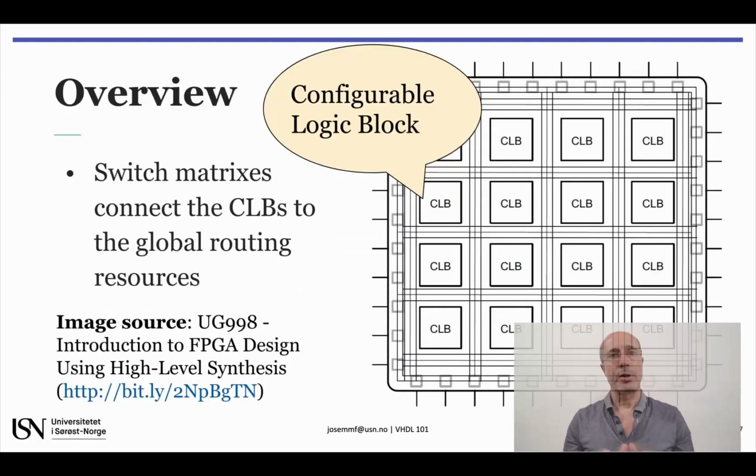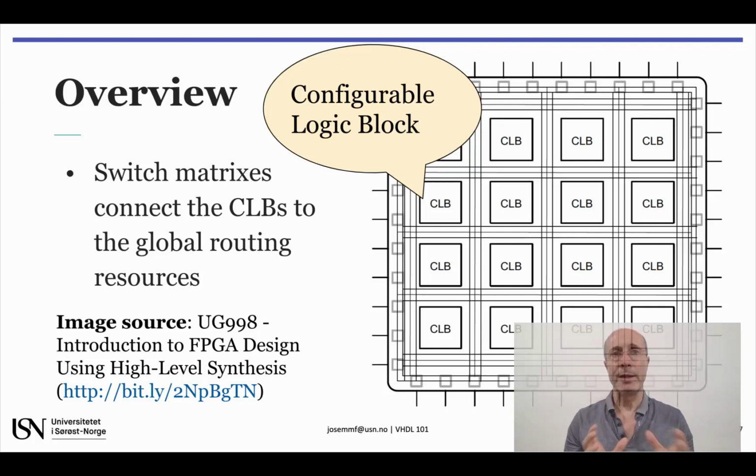Each configurable logic block, or CLB, provides a small number of programmable resources comprising lookup tables, assorted logic gates, and flip-flops or latches, but the large number of CLBs available enable the implementation of fairly complex circuits. This is possible by combining an appropriate number of CLBs, which will be interconnected using the local and global interconnection resources that are also represented in this slide.